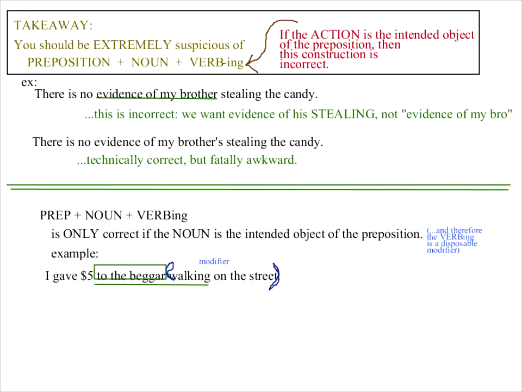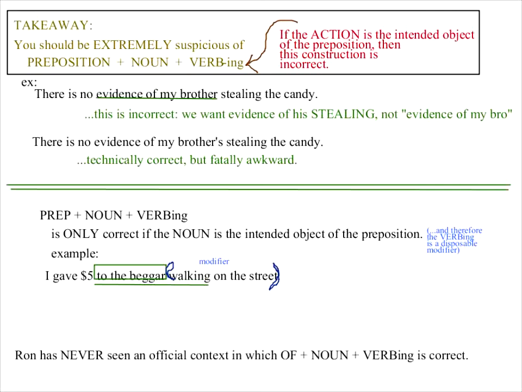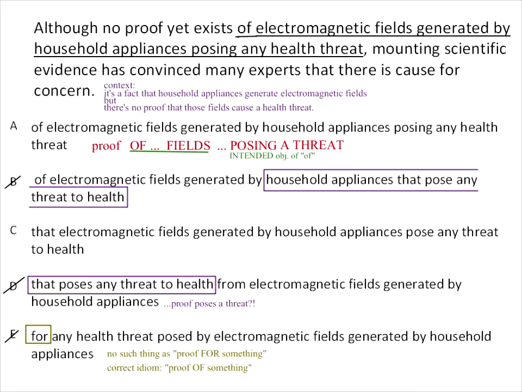Ron has never seen an official context in which "of" plus noun plus verb-ing is correct. So if this is an "of," from what I've seen, it's probably never going to be right. Now you should still do this sort of analysis to it. But this is the most common example. In fact, that's what happens in this problem. And it doesn't work.